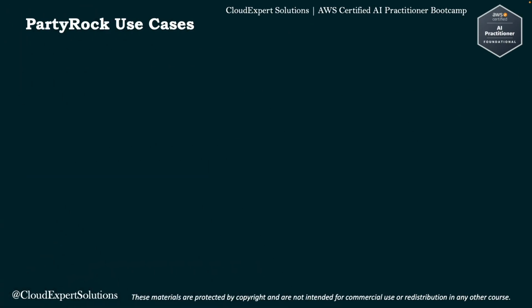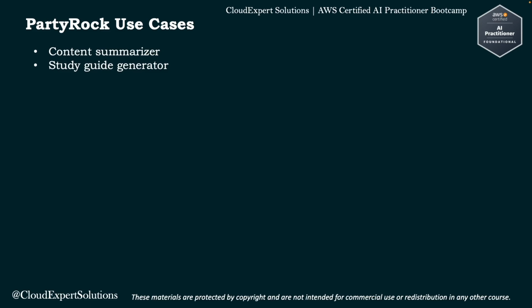Now let's make this concrete with some real-world examples. Using PartyRock, you could build a content summarizer that can take any article or document and generate a crisp summary for you. You can also create a study guide generator that can take any topic and produce structured notes.